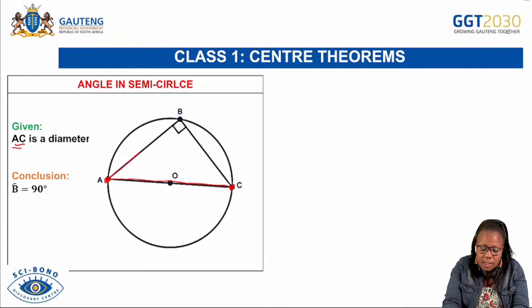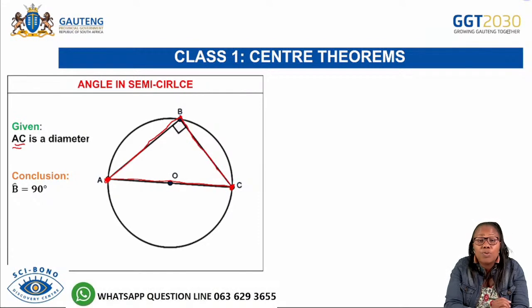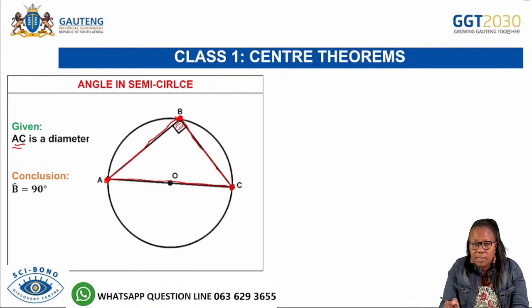This is the first line to the circumference, and then another line, CB, to the circumference. And then the angle at B there will be your 90 degrees angle. So this is the angle subtended by a diameter. It will always be 90 degrees, or angle in a semicircle.